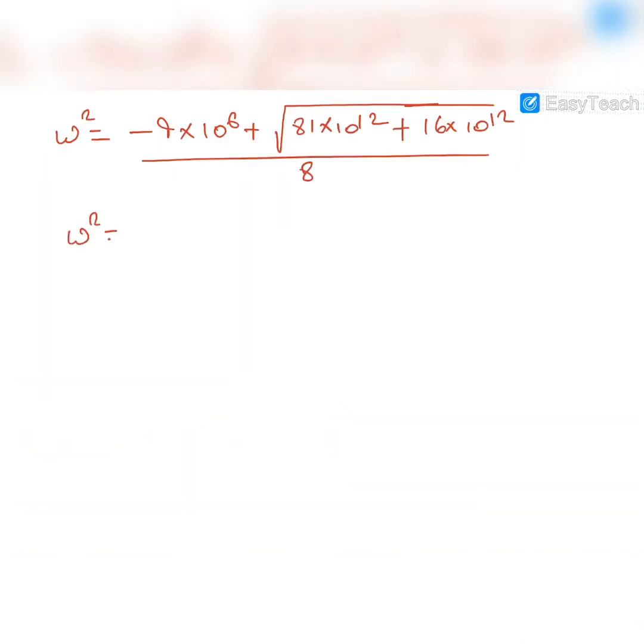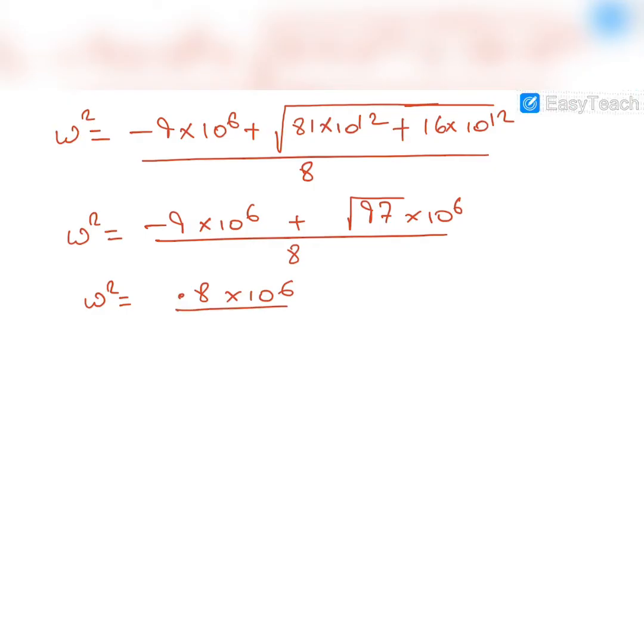So omega square is minus 9 into 10 raised to power 6 plus root of 97 into 10 raised to power 6, by 8. Root 97 is approximately 9.8. So it would be 0.8 into 10 raised to power 6 by 8. So it would be 10 raised to power 5.